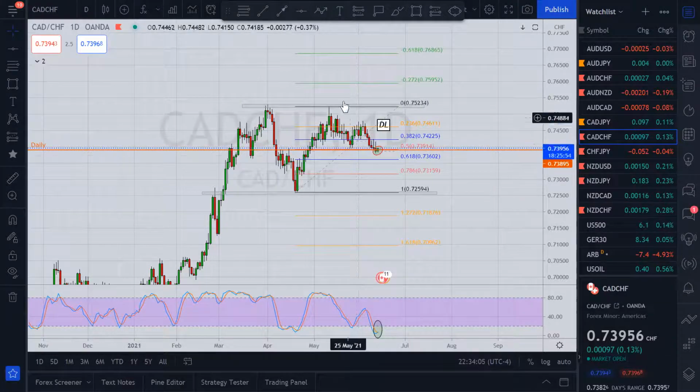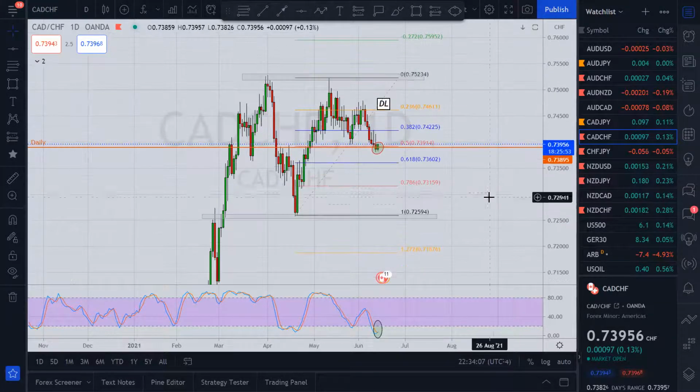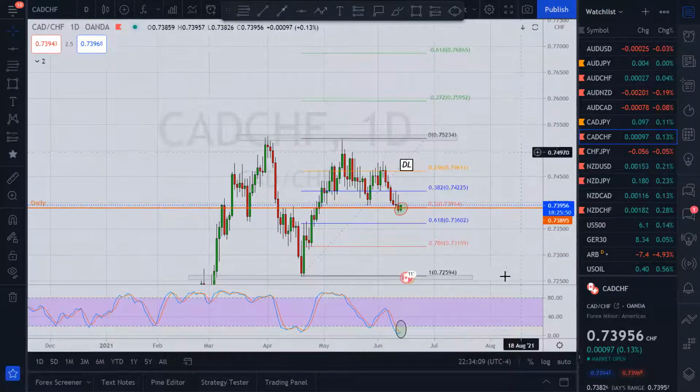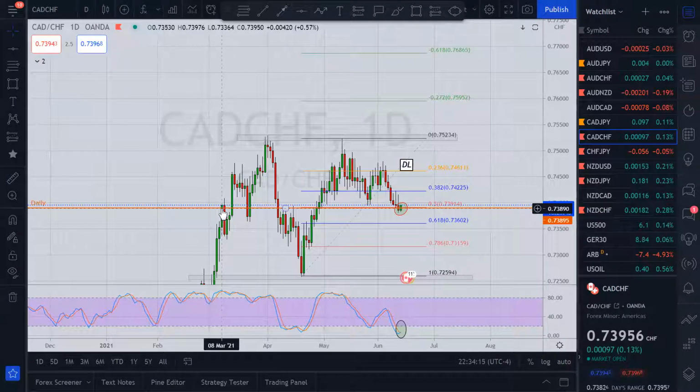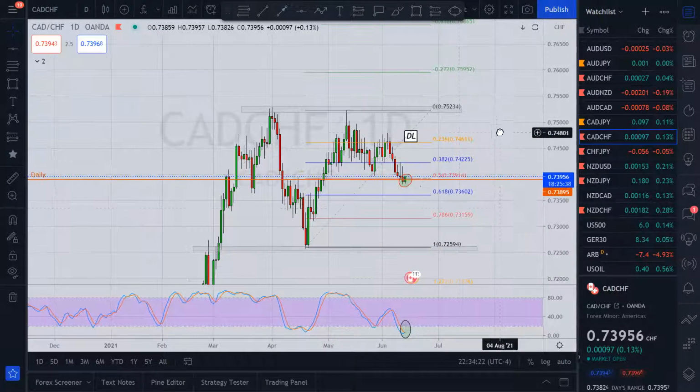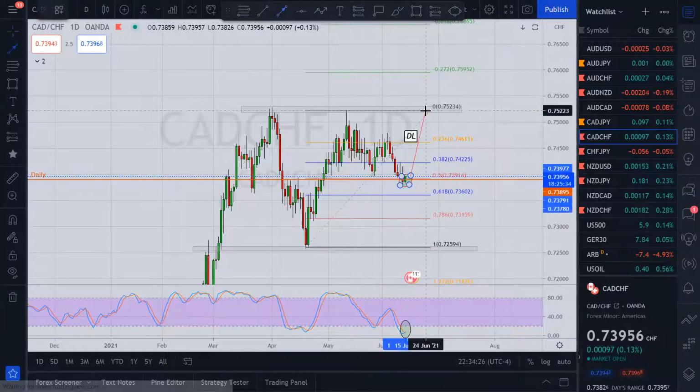All right, we're in the middle of that trading range, and that's fine. All right, but look at this daily support. It was resistance here, support here, resistance here, support, and we're hoping that this support holds. And what are we going to do? We're going to take this price all the way up to these highs.